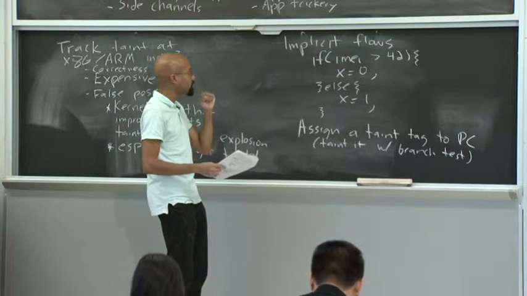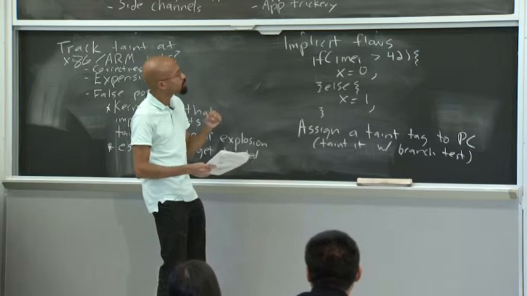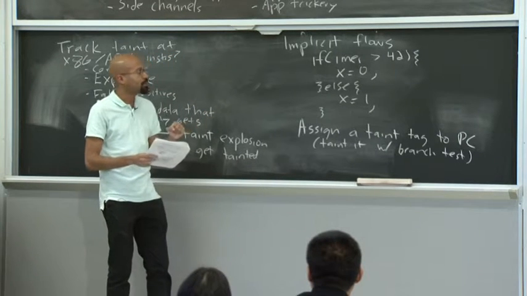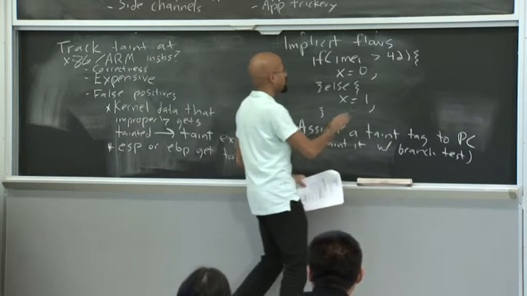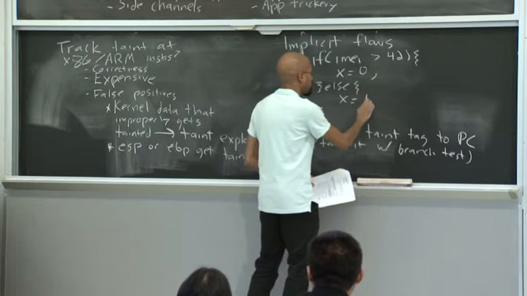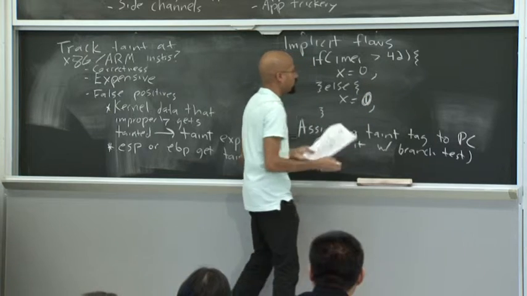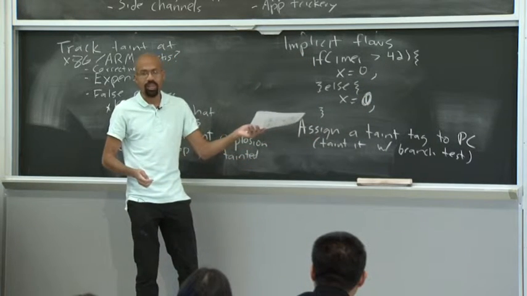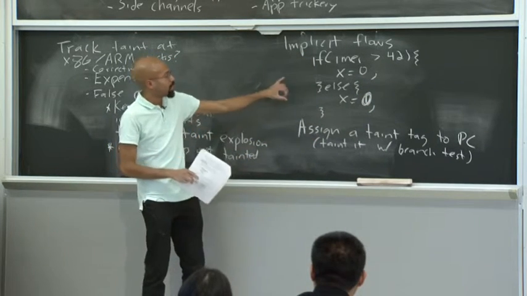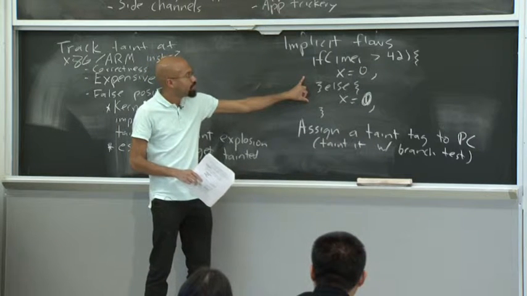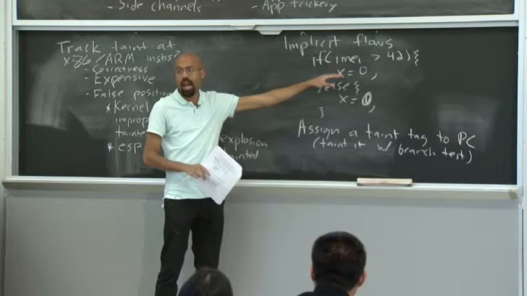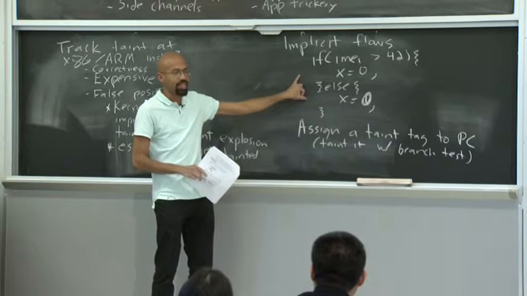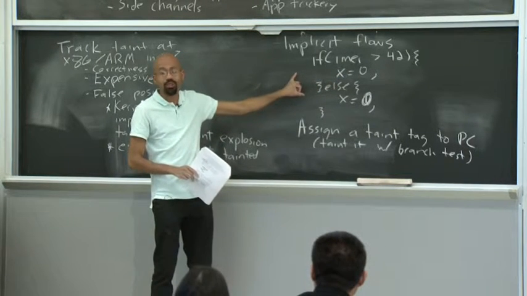However, you can imagine that the system I just described may be too conservative once again. So imagine that instead of having this code here, this was also 0. Right? So in this dumb case, there's actually no reason to taint x with anything related to the IMEI, because you didn't actually leak any information in either of these branches.